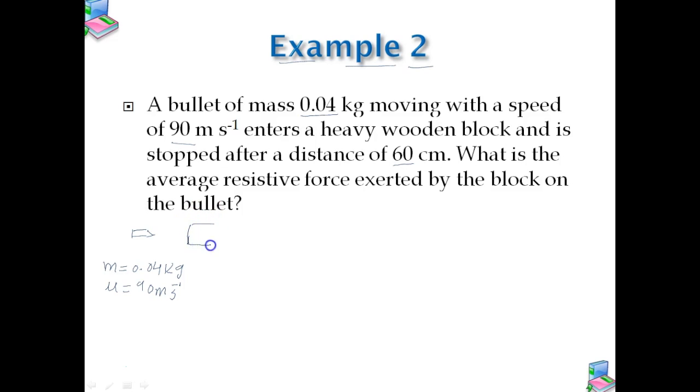Consider this wooden block. It enters the block, travels a distance of 60 centimeter, and then it stops. So now we need to find the resistive force which is exerted by this wooden block on the bullet.